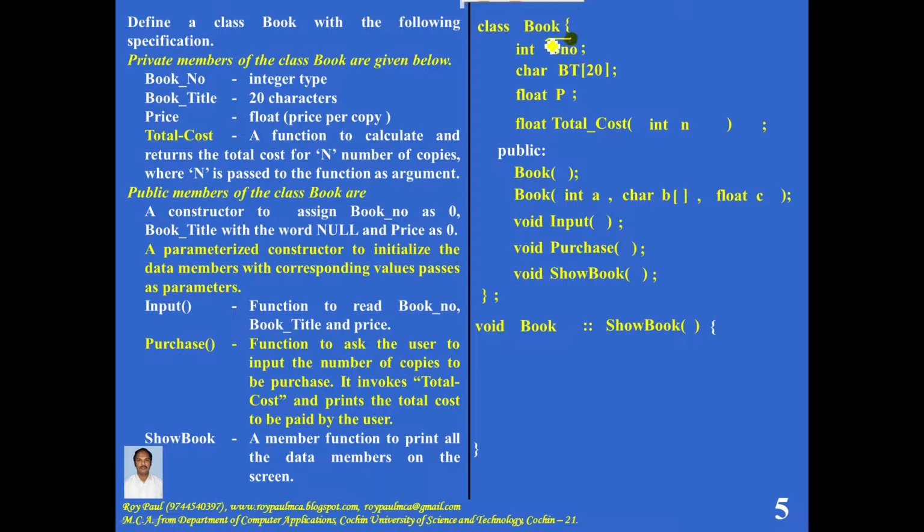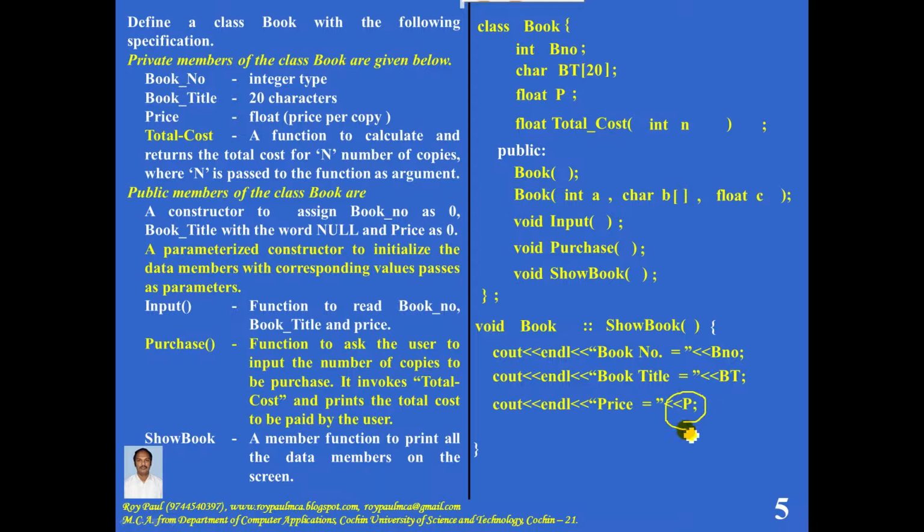Let me display this first. Yes, displayed. Now let me display this one. Yes, that is also displayed. Now let me display this one. Yes, it is displayed. So this function displays all the data members on the screen.